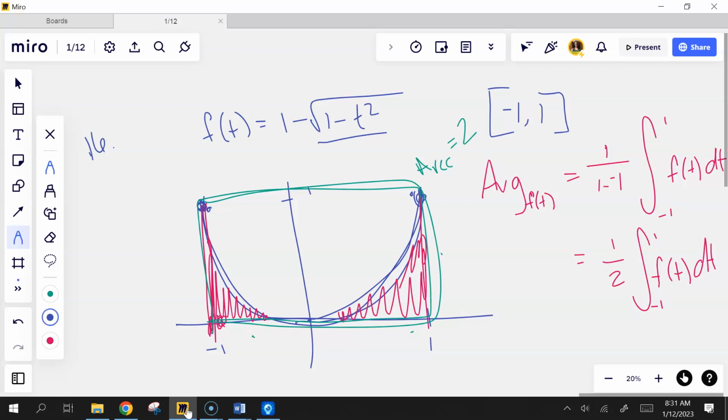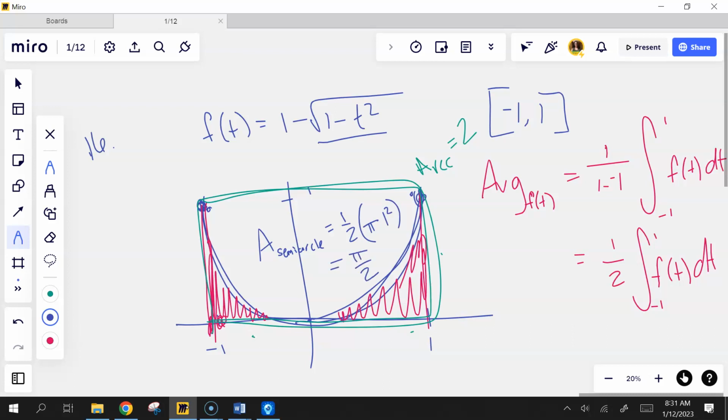Then I can do the area of the semicircle. Do half, and then how do you find the area of a circle? Pi r squared. What's the radius? 1. So 1 squared. So I just get pi over 2.